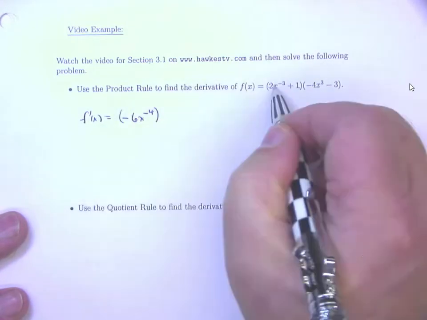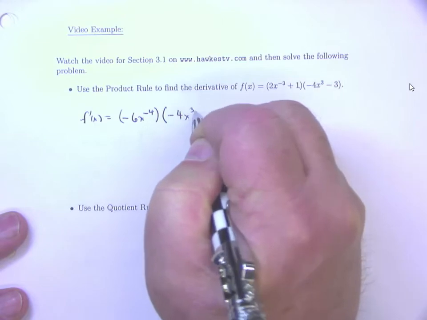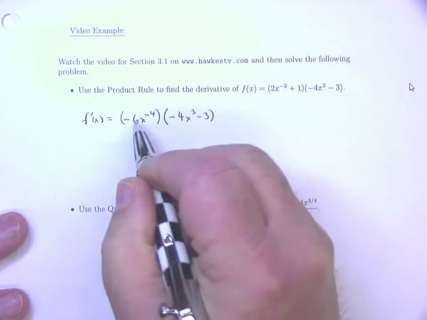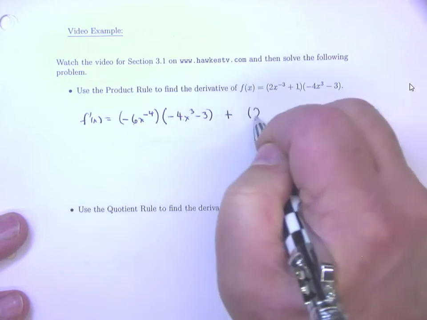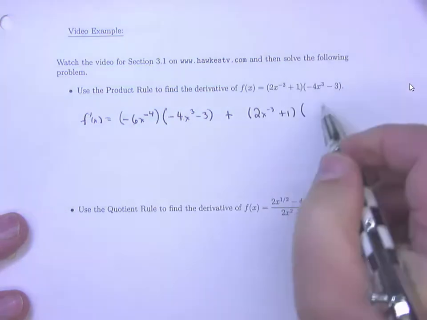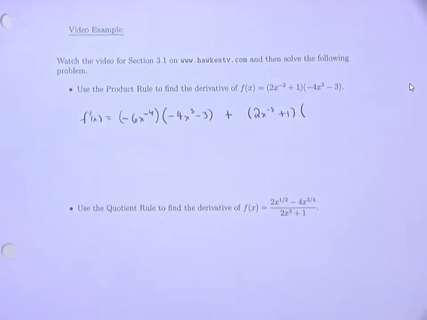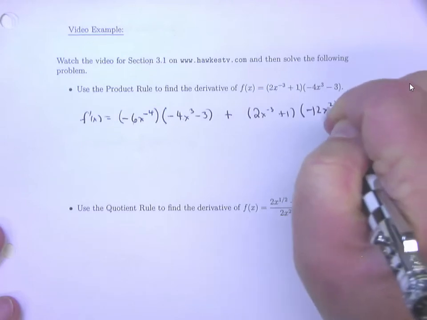That is the derivative of the first, times the second, recopy it: negative 4x cubed minus 3. Plus the first, just recopy it: 2x to the negative 3 plus 1, times the derivative of the second. What is the derivative of negative 4x cubed minus 3? Negative 12x squared.